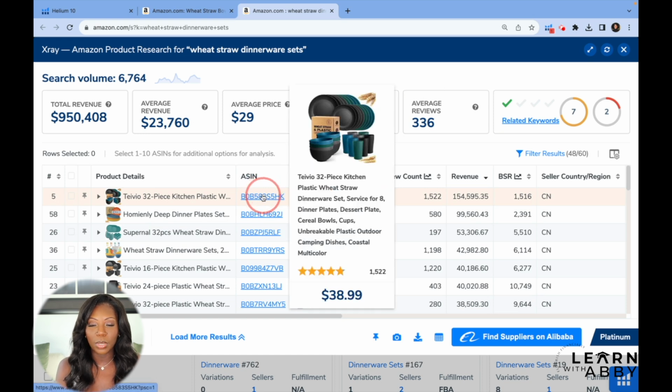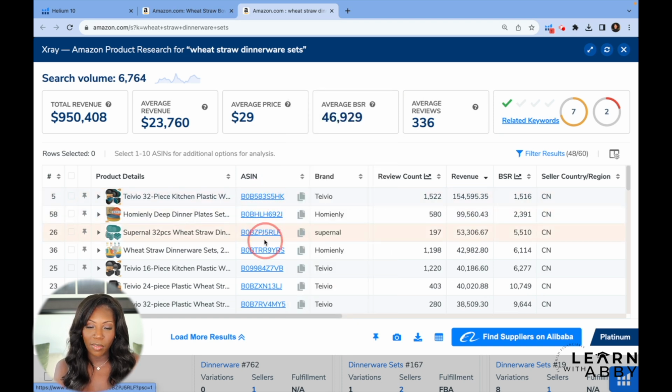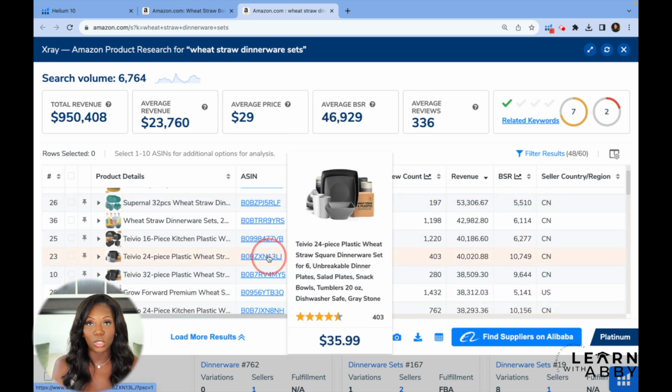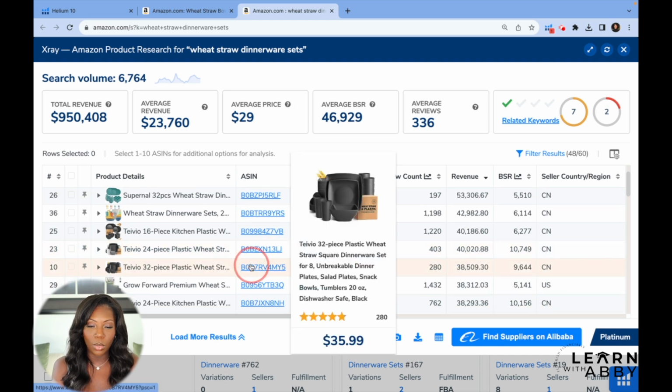And we can see that some people have tried to differentiate with color, which is a very weak differentiator, if I'm being honest, but it is what it is. They have a couple, or at least one that I saw, they tried to do a different shape. So instead of doing just a standard circular shape, they have done these kind of square shapes, which, you know, is somewhat of a differentiator.